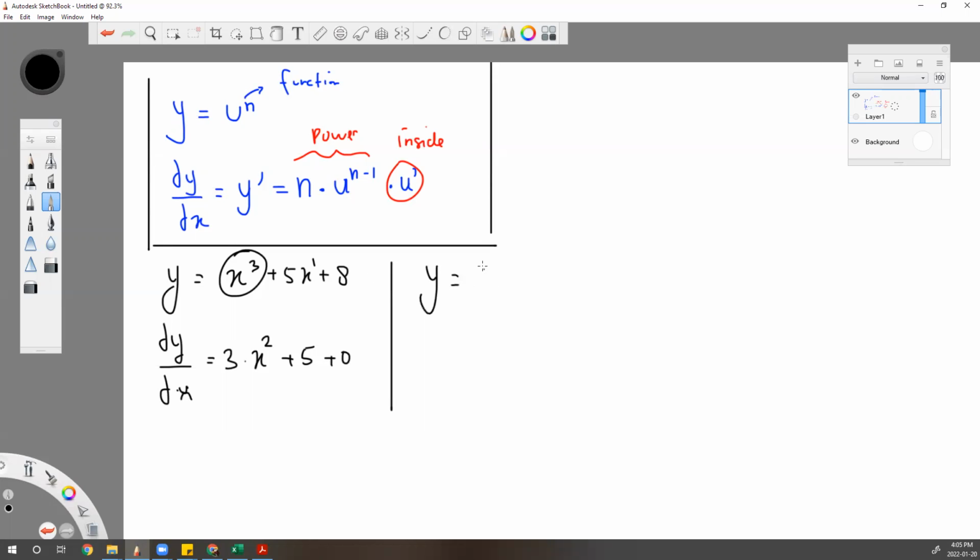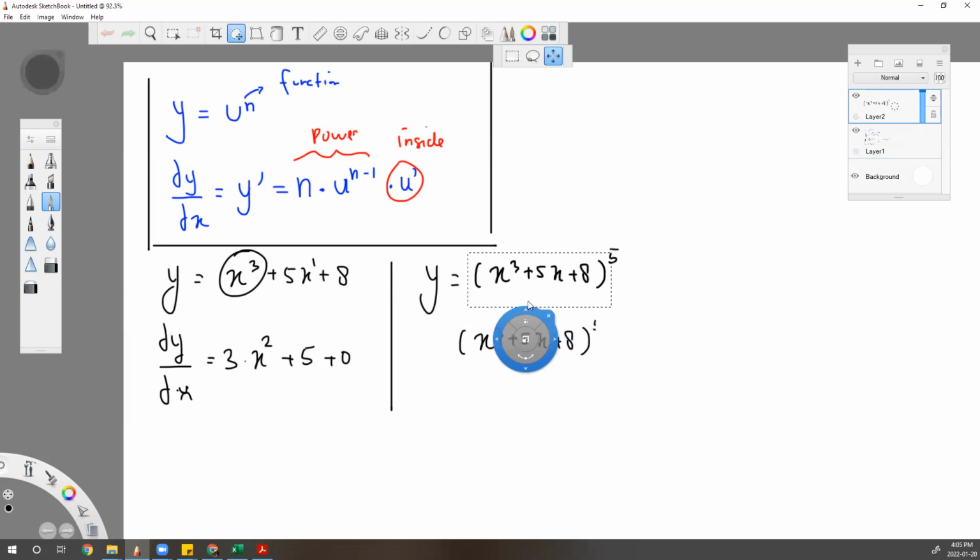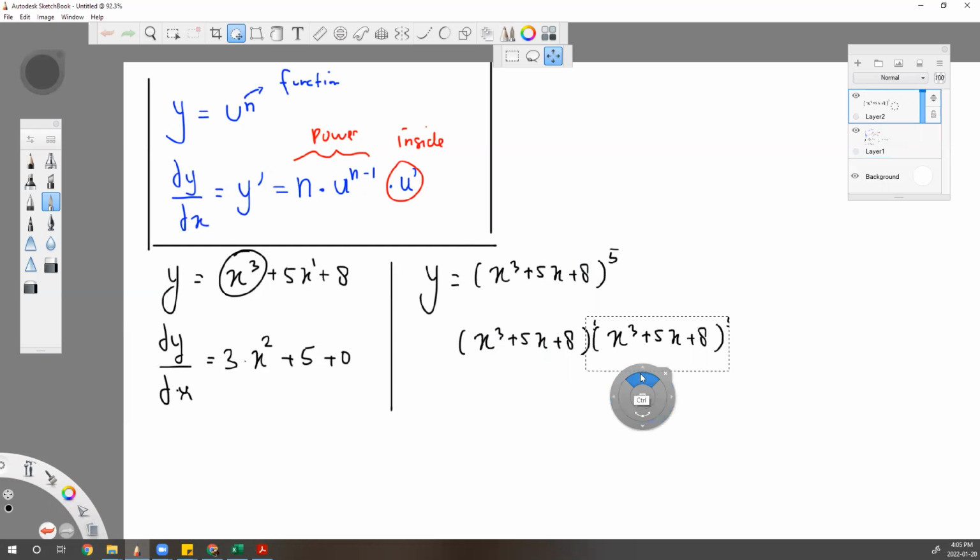y equals, I will give you the same function, but I use the power 5. Can you imagine if I expand this power 5, I have to write this 5 times, and multiply 5 times 1 times this, right? It's too much.